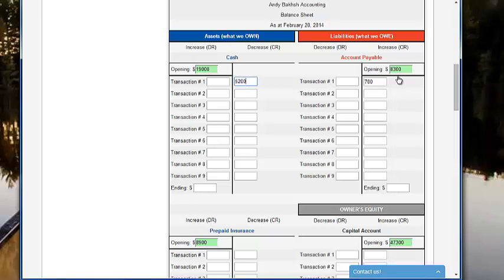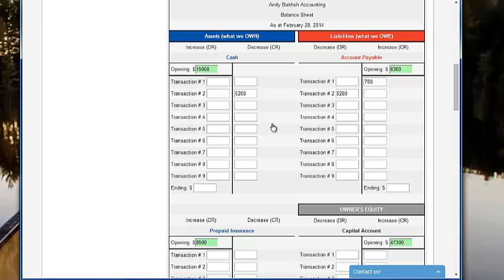Okay, now we've paid off $5,200. A decrease to a liability is a debit. So for transaction number 2, I'm going to debit $5,200, and I see that I've made a mistake. That decrease out of cash wasn't for transaction number 1, it was for transaction number 2. So I'm going to go and fix that. If I would have checked, it would have said that was wrong, and it would have been because it was in the wrong place.